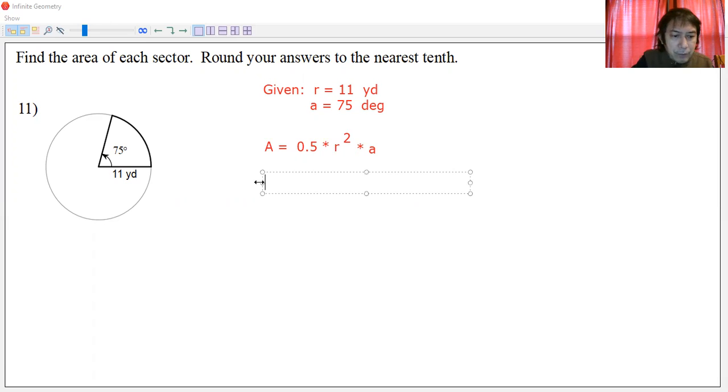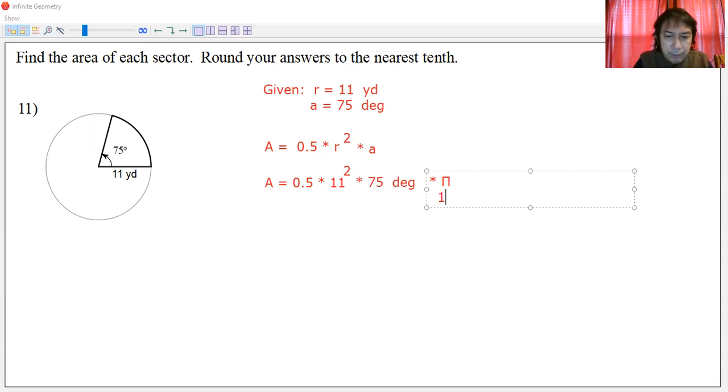So area is equal to 0.5 times r squared, that's 11 squared, times the central angle 75, but this is in degrees. You have to convert the degrees to radians, so this will be multiplied by pi over 180. There, okay?